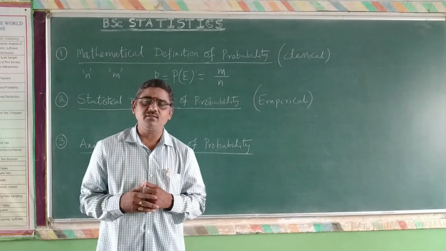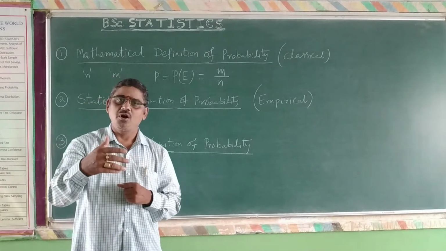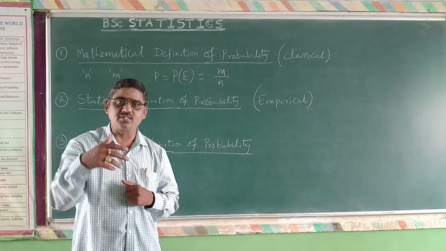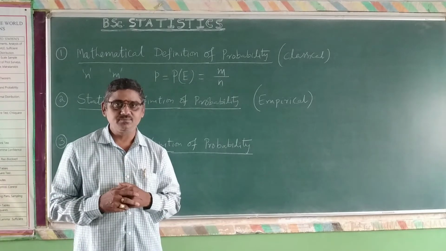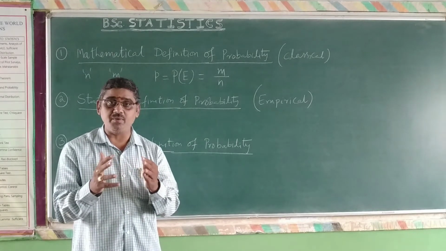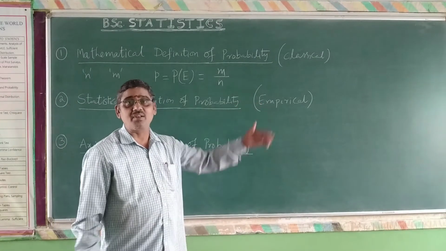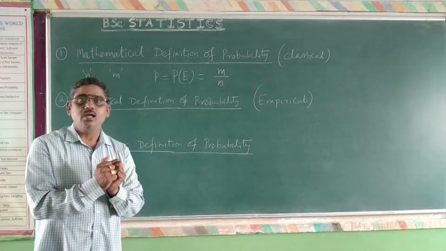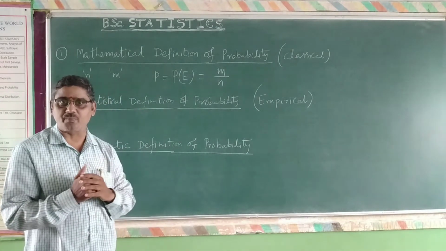Similarly, for birth rate, the probability of female birth is the percentage of female births per 1,000 persons. That is observed data, which is why it is called empirical probability. Hence the statistical definition of probability was introduced for these two reasons.